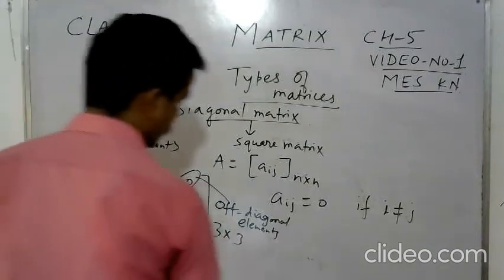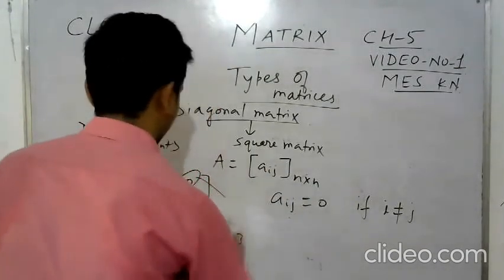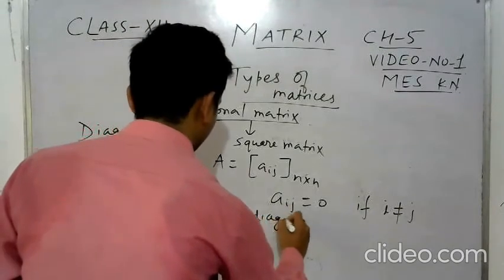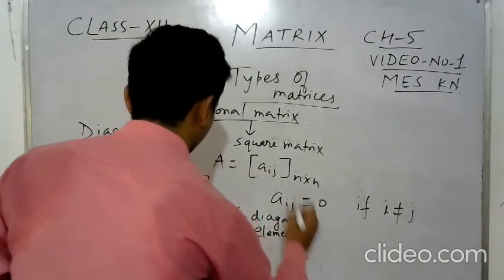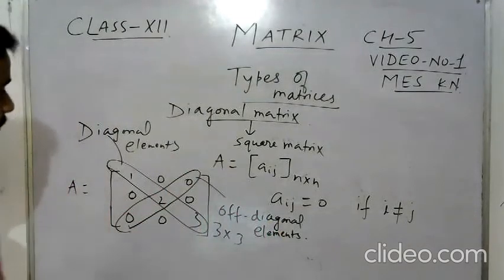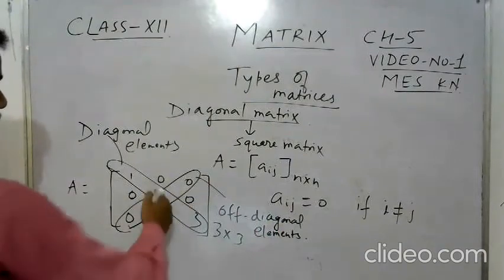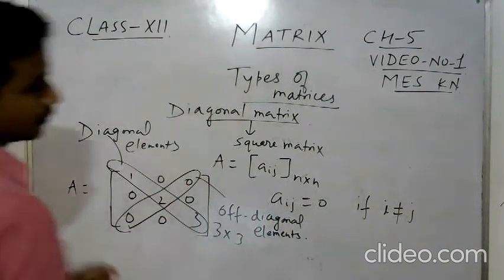You can note down off diagonal elements. So a diagonal matrix is a type of square matrix in which all the elements above or below the diagonal elements are equal to 0.